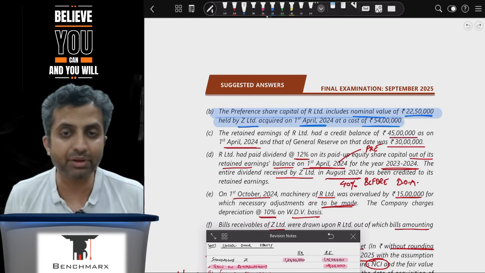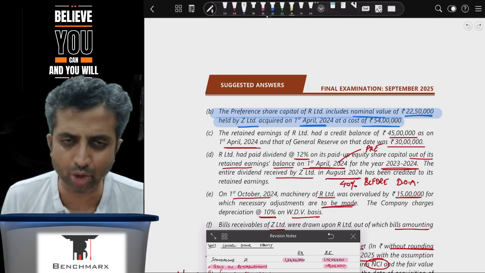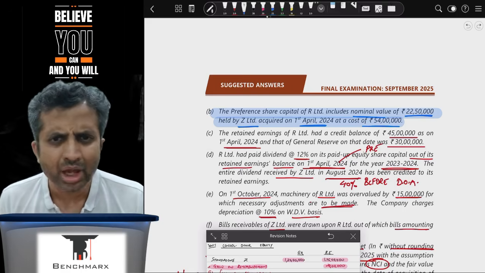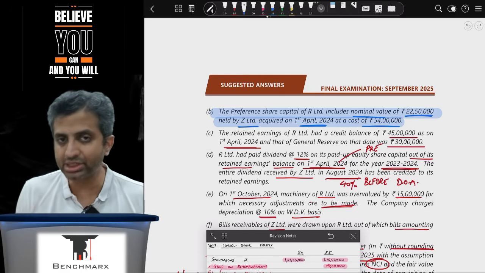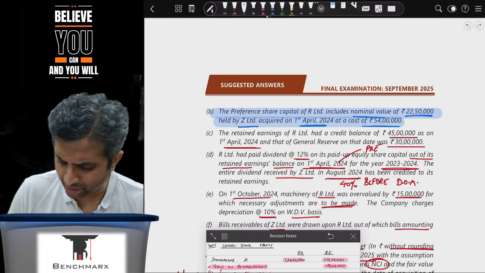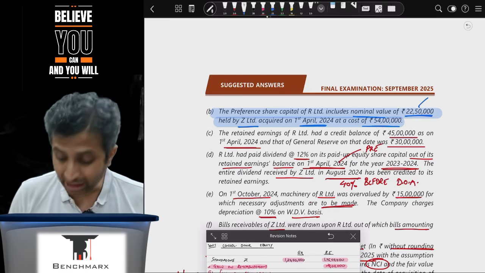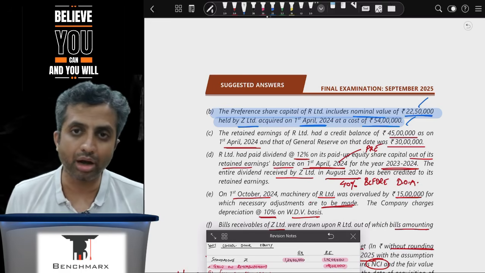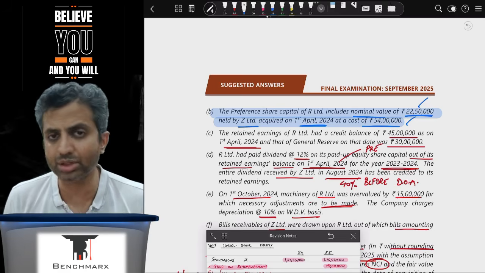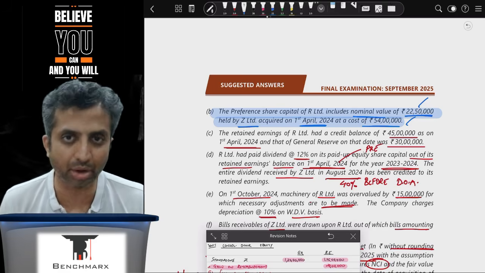Is that 31.50 for acquisition of control, or, as the institute says, no, this is for preference shares? Hence what they do is they debit the preference share capital by 22 lakh 50, credit the investments by 54 lakhs, and the difference of 31 lakh 50,000 will go into the consolidated profit and loss.